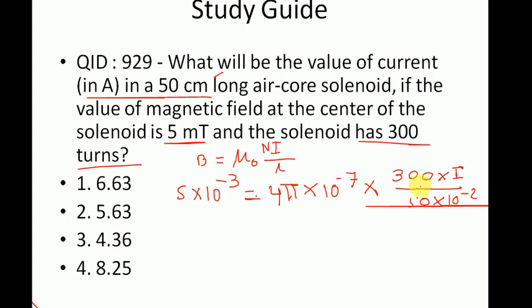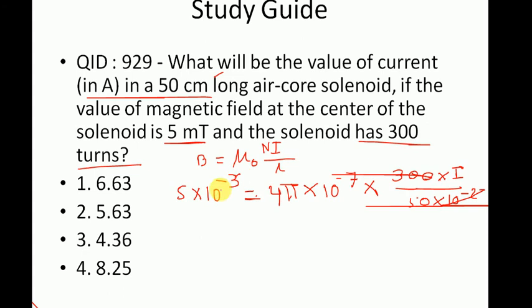Now, there is 10 to the power minus 2. If it goes to the numerator, that is 10 to the power 2. So there will be 10 to the power 4, 10 to the power minus 7, and 10 to the power 4. So I eliminate the 10 to the power minus 2, and it will eliminate 10 to the power minus 3.